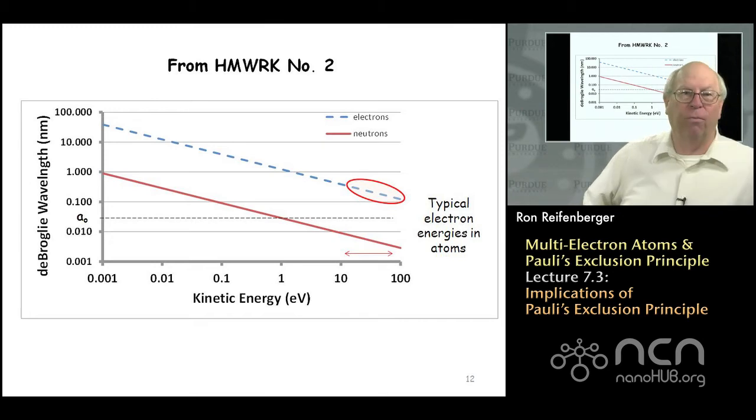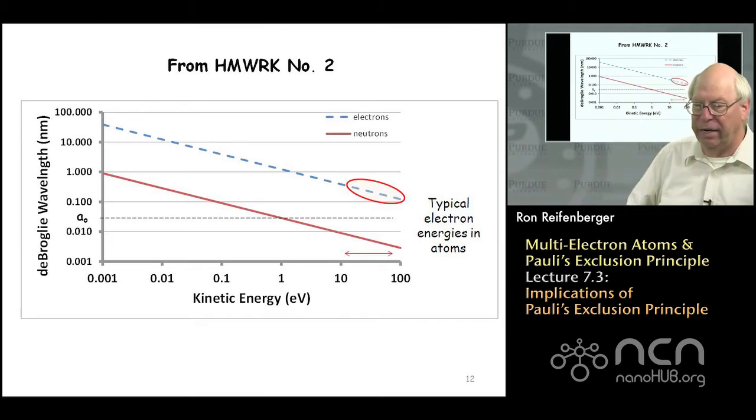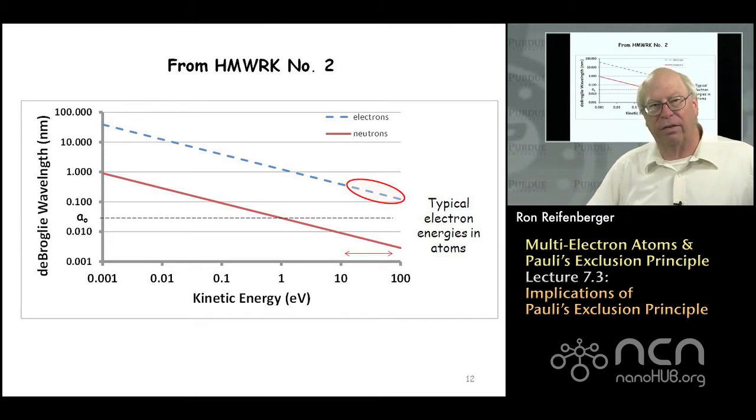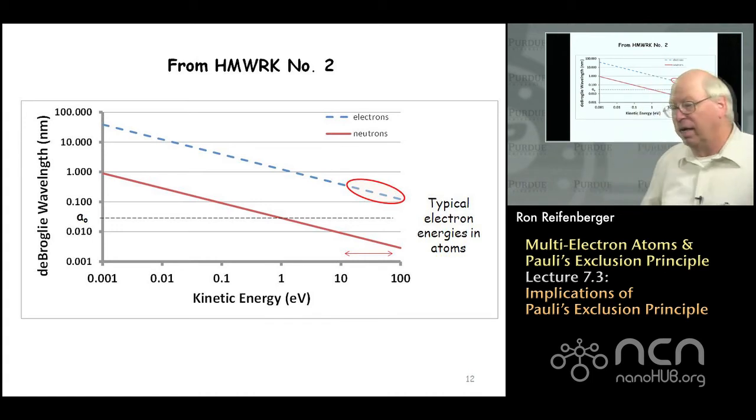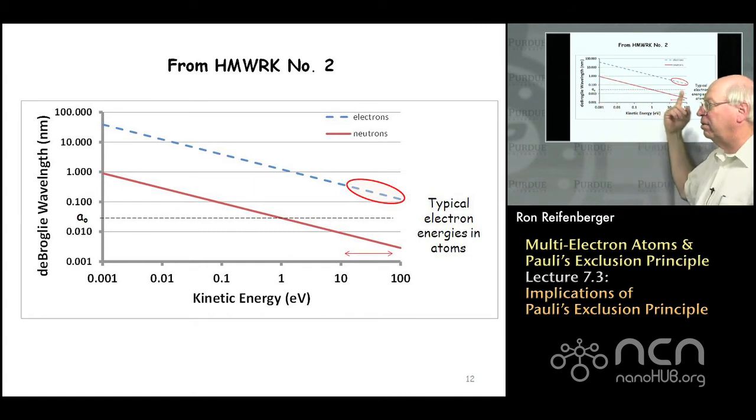You might recall from homework number 2, I asked you to calculate the de Broglie wavelength of electrons as a function of their kinetic energy. And if you did that homework exercise, you remember you got a plot that looks something like this. And the point I just want to make is that the typical energies for electrons and atoms that we're discussing lie out here in the range between 10 and 100 electron volts, right?